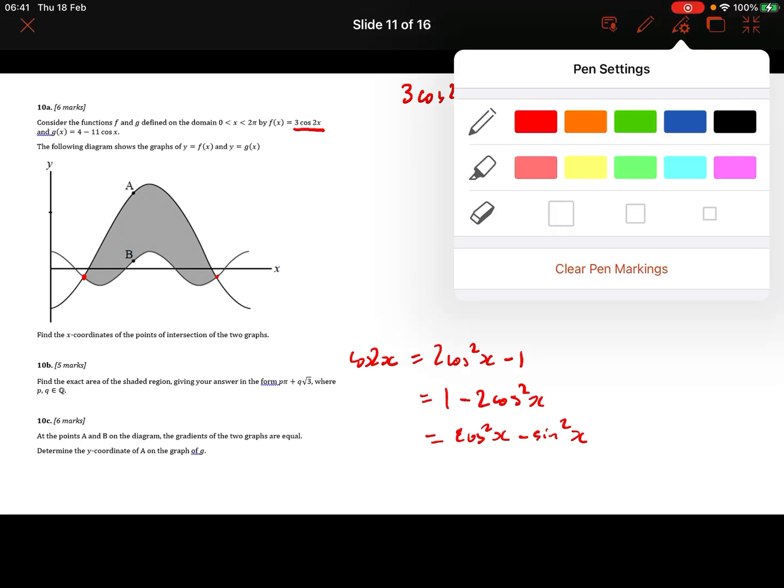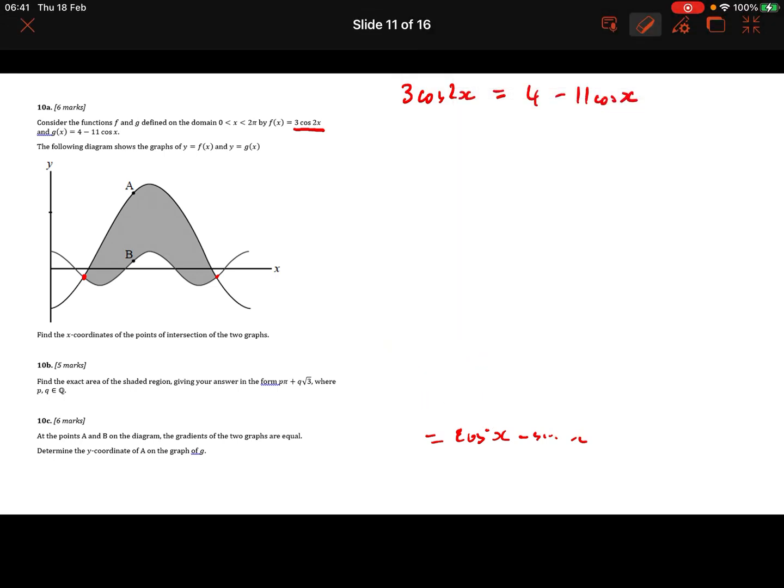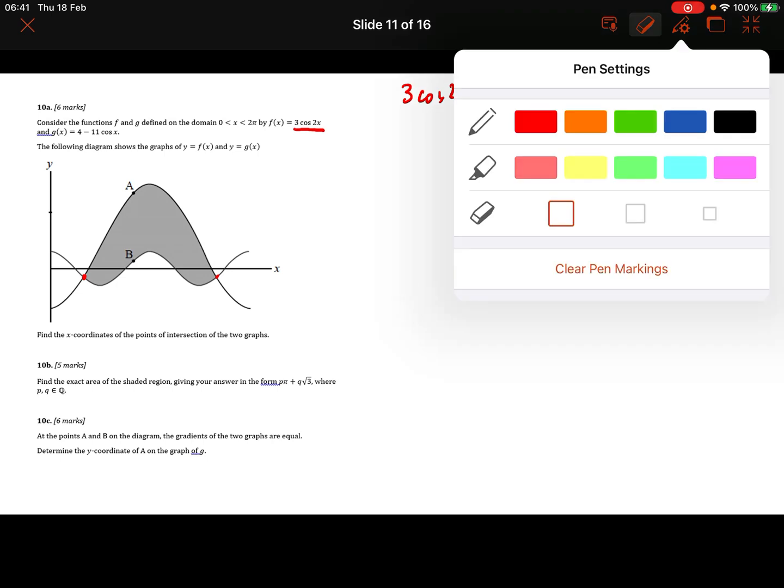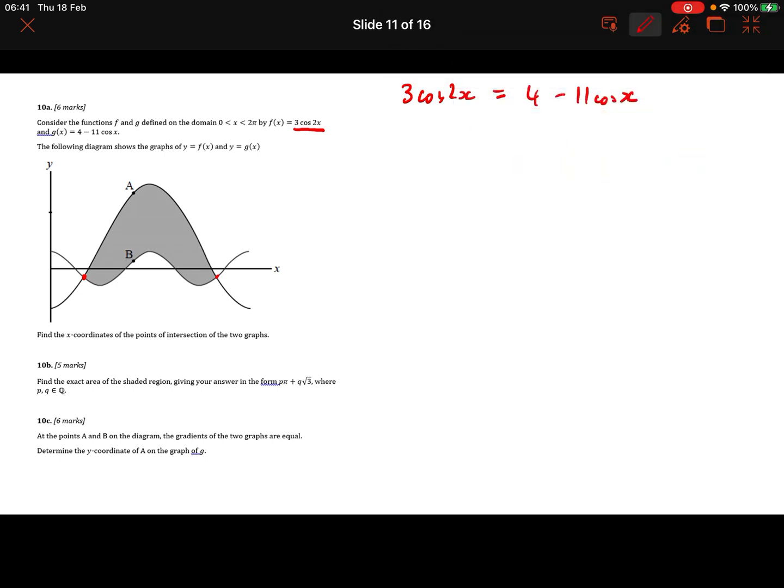Little mistakes, fine, but not being able to get an entry into the question is just not acceptable, okay? So replace cos 2x with 2 cos squared x minus 1, and that is equal to 4 minus 11 cos x. That gets you 1 or 2 points. I mean, really, it's not that tough, okay?